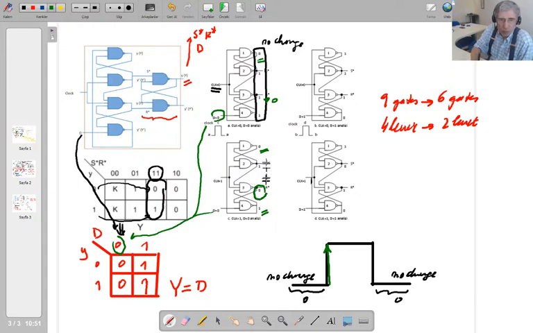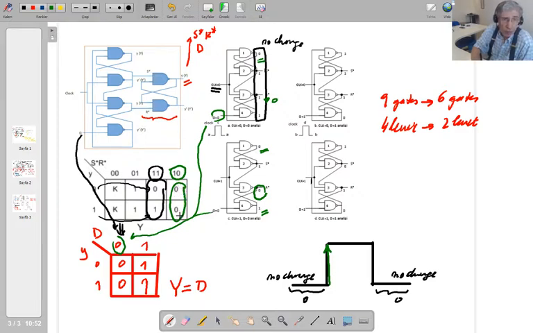So what it means, S star R star column is going to be 1, 0. So we are in this column, right? While you're in this column, the S star R star fundamental memory element state becomes 0, isn't it? Whatever the present state is, your next state is going to be 0.